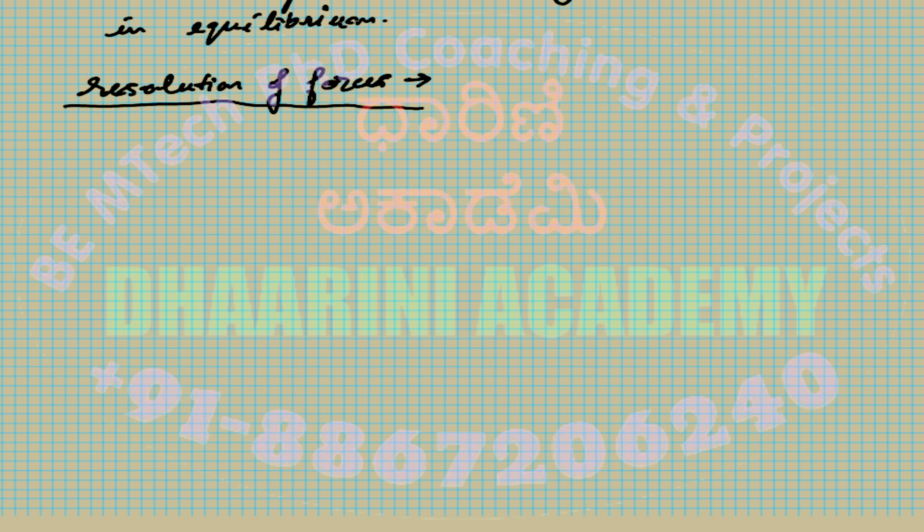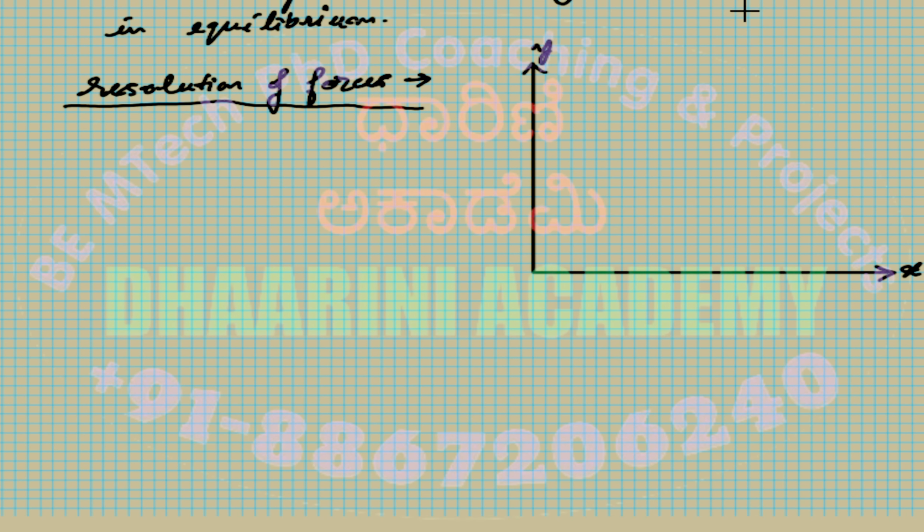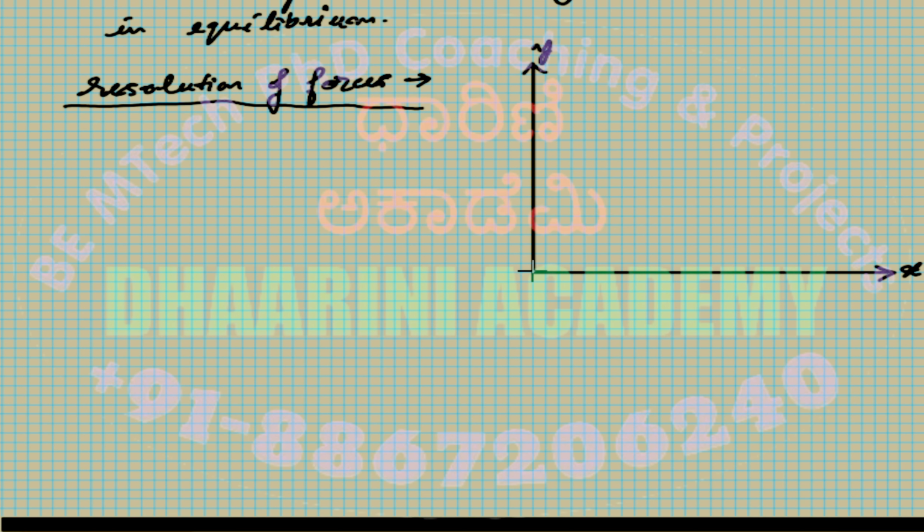Now, let's go back to our x and y axis. So this is x, this is y. Let's say this is the force F making an angle theta with the x-axis.